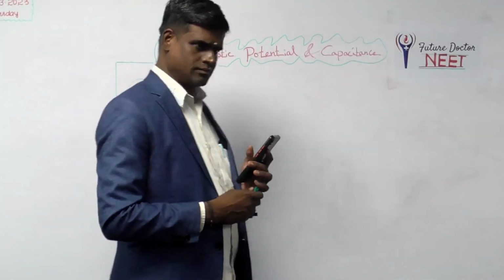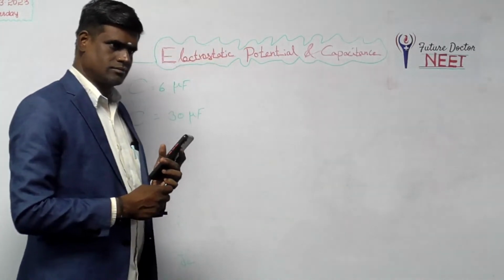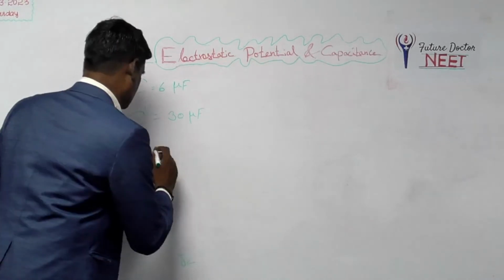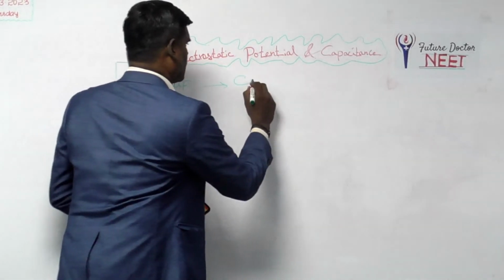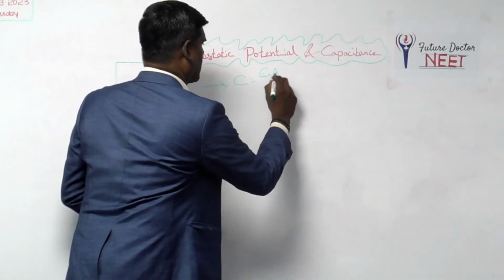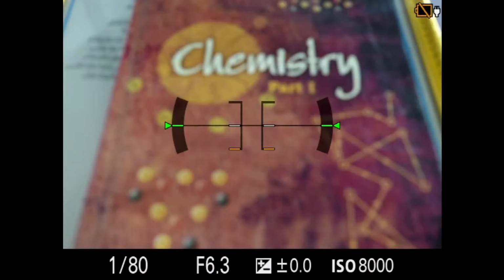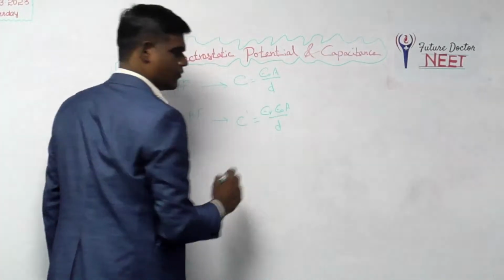First, without dielectric medium, with air as a medium, C equal to epsilon naught A by D. And after introduction of any dielectric medium, C dash equal to epsilon r epsilon naught A by D.